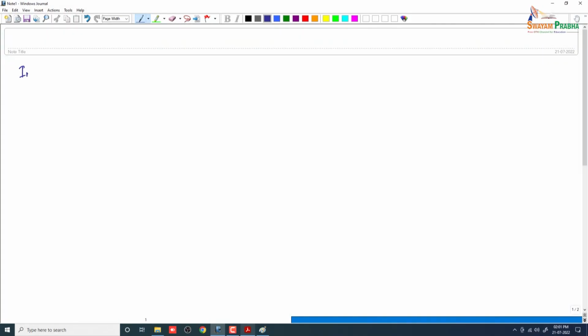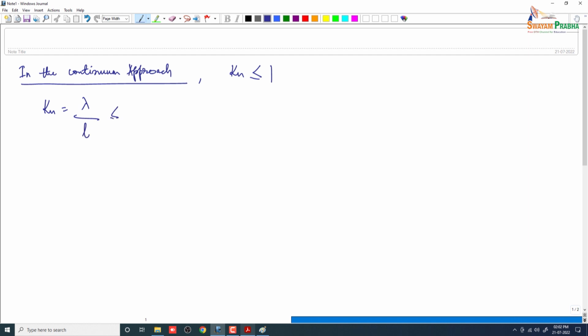Now, having said that, in the continuum approach that we have talked about so far, we have described the Knudsen number, and we have said that for a continuum approach to be applicable, the Knudsen number, which is lambda by L, should be less than 1, lambda being the mean free path and L being the smallest length scale.